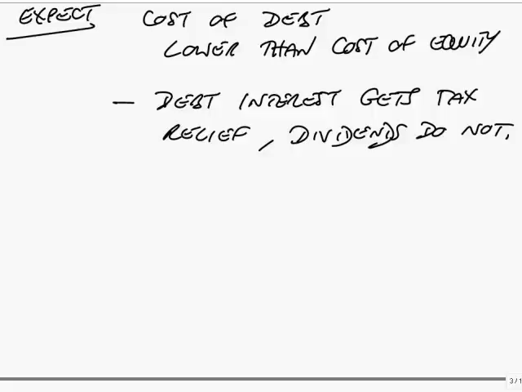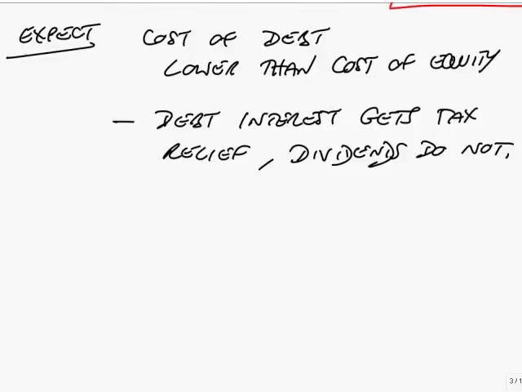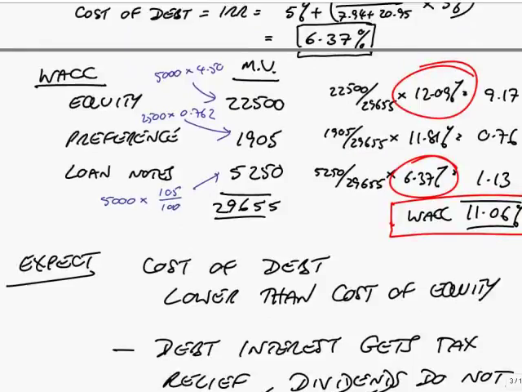If we didn't get tax relief, imagine maybe the cost of debt, instead of being 6%, maybe it was 9%. I'm inventing a figure. But even without the tax relief, I would still expect the cost of debt to be lower than the cost of equity. Has anybody thought of another reason?